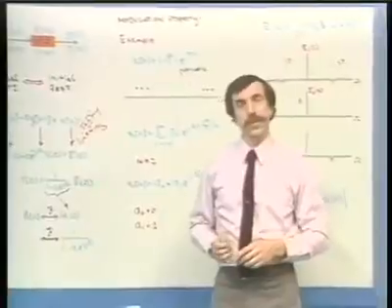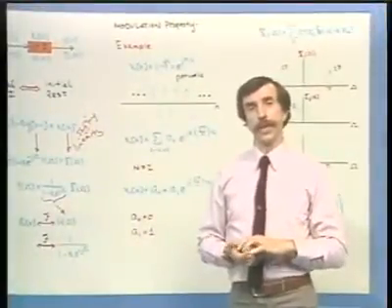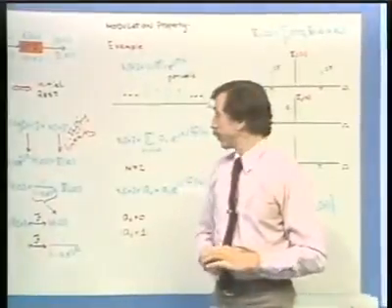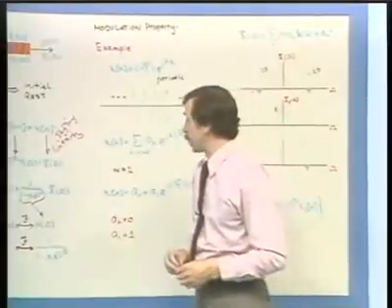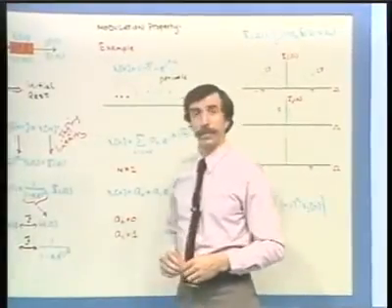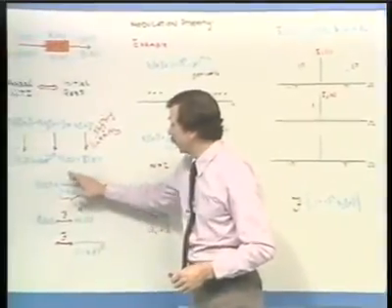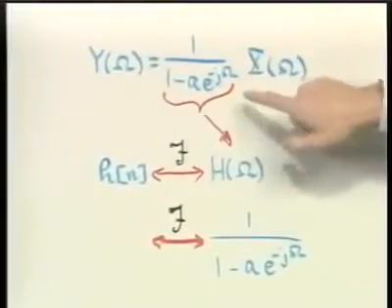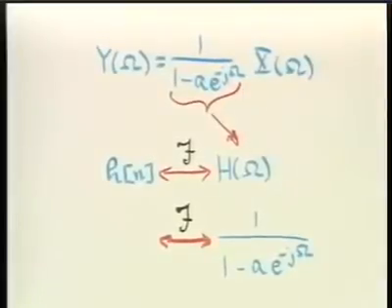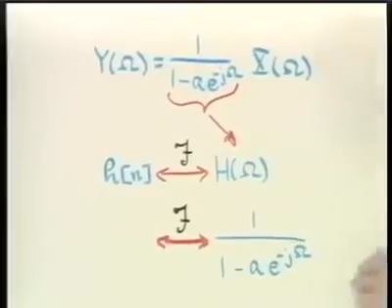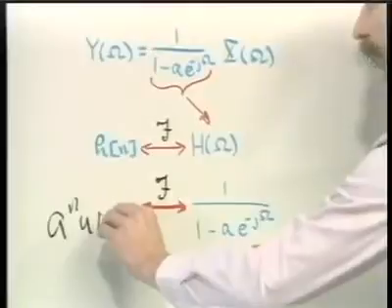Well, how do we inverse transform? Of course, we could do it by attempting to go through the synthesis equation for the Fourier transform. Or we can do as we did in the continuous time case, which is to take advantage of what we know. In particular, we know from an example that we've worked before that this is the Fourier transform of a sequence which is a to the n times u of n.